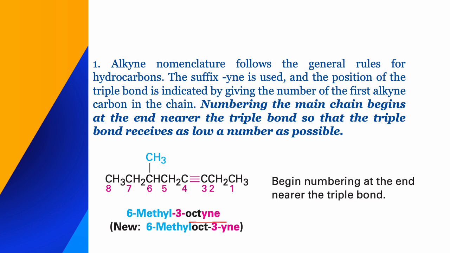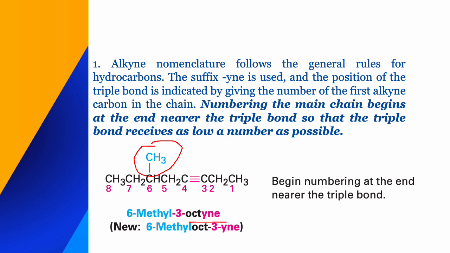And then we shall identify now our substituent. So the substituent has a branching on carbon 6. That is why we have here carbon 6, then locator, then the substituent is methyl. So the full name will be 6-methyl 3-octine.